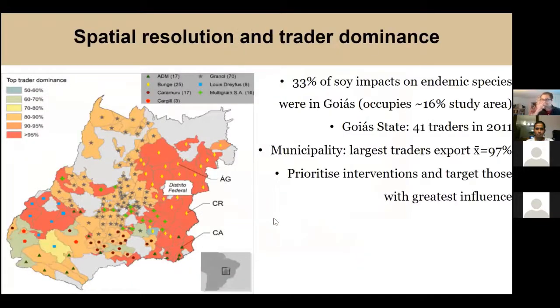And we can also start to ask questions about scale and spatial resolution, which Chris mentioned in his comment earlier. This is maybe a slightly complicated map, but there are two things to focus on. One is the colours. The red and orangey colours show the dominance of the top trader.